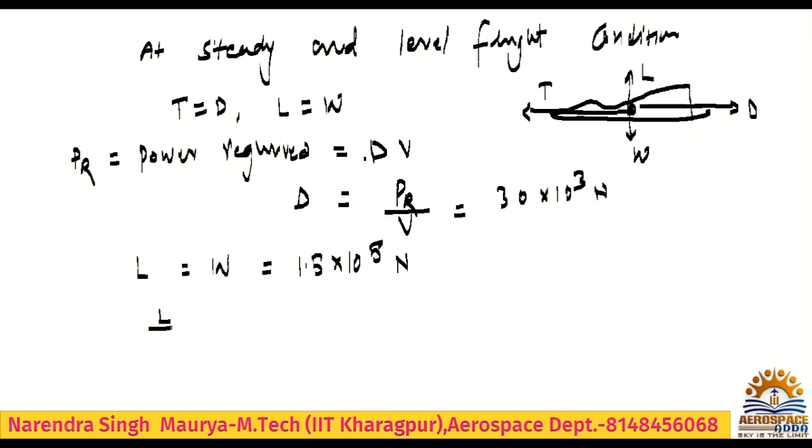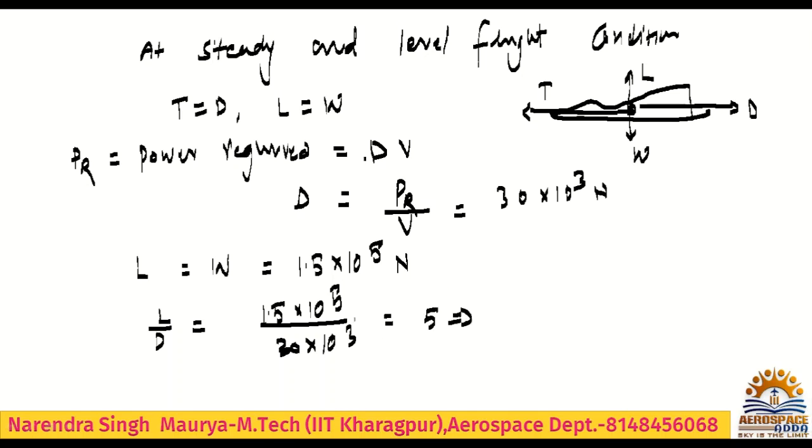What is the lift by drag? Lift by drag is nothing but 1.5 into 10 power 5 divided by 30 into 10 power 3. How much is it? It is 5.